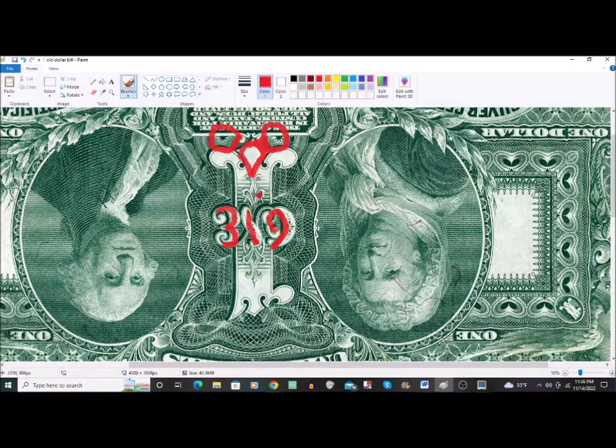But what's interesting about this end of the dollar bill, it's quite subtle. If you look at this pattern here and this pattern here, oh, I don't know, I'm just grasping at stuff now. Forget that.